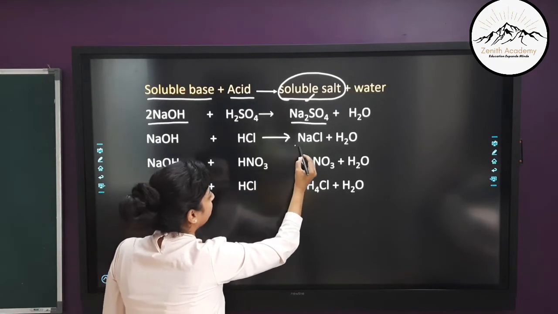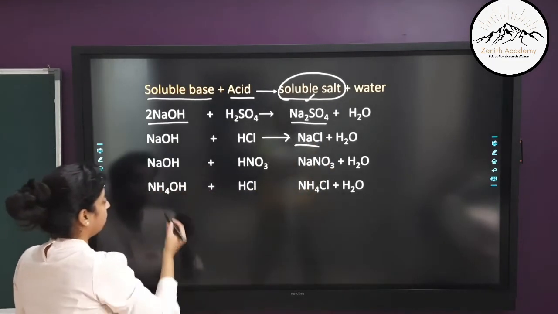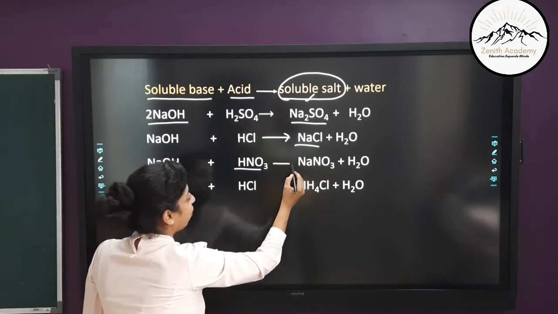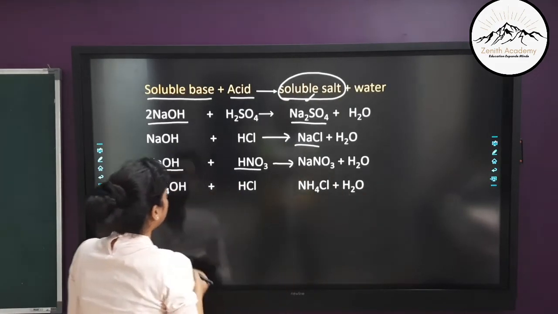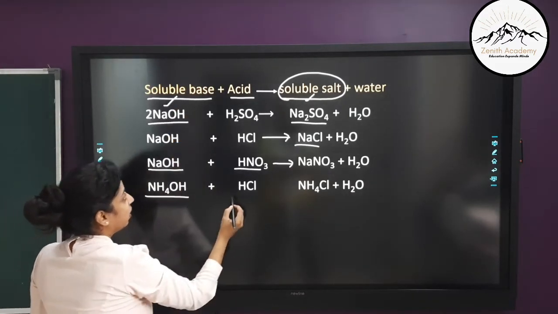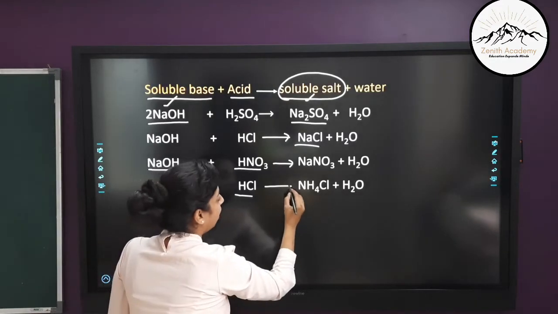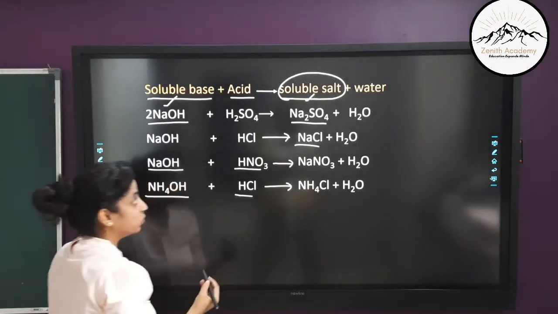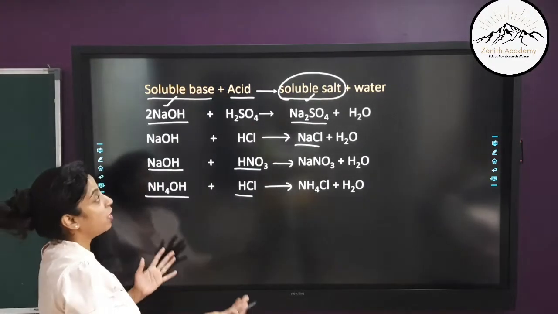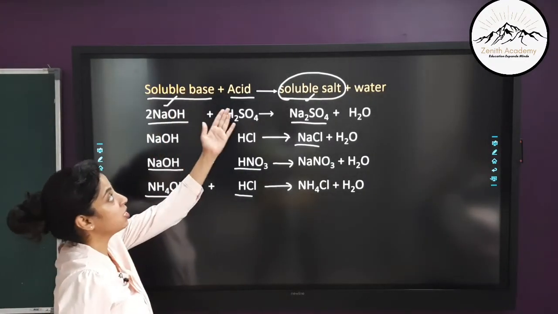It forms sodium chloride, which is again a soluble salt. Similarly, NaOH when reacts with nitric acid forms sodium nitrate and water, and when ammonium hydroxide, which is also a soluble base, reacts with acid to form ammonium chloride and water. So this is how we can form a soluble salt by titrating or by neutralizing a soluble base with an acid.